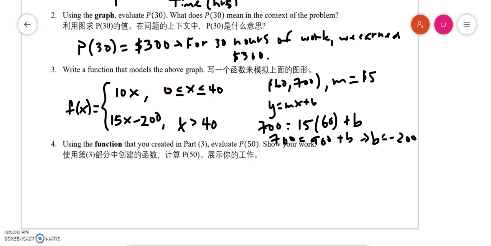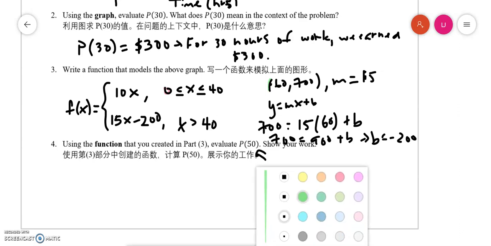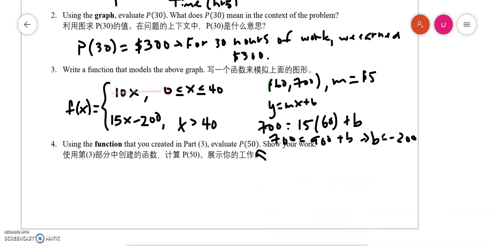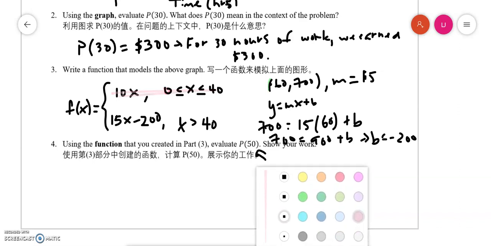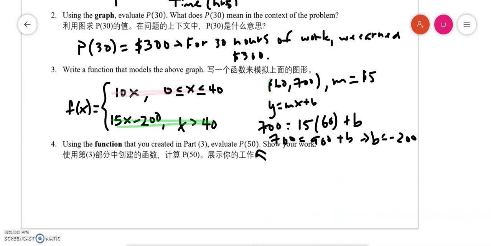So this goes back to your starter where we use a function or equation to evaluate. And to do this, we simply figure out where in our piecewise function we are going to substitute the 50. Should it be in the first section, so this section, or should we do it in this section? And how do we know?